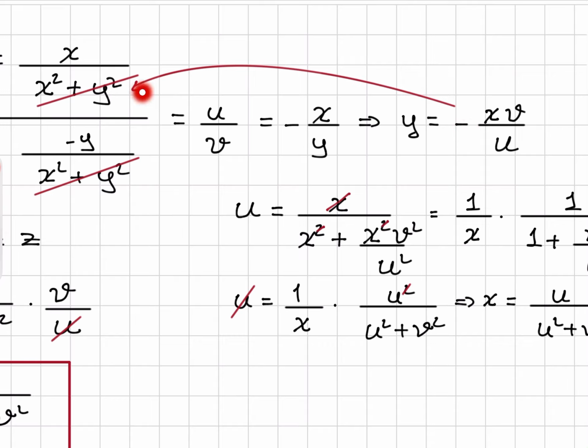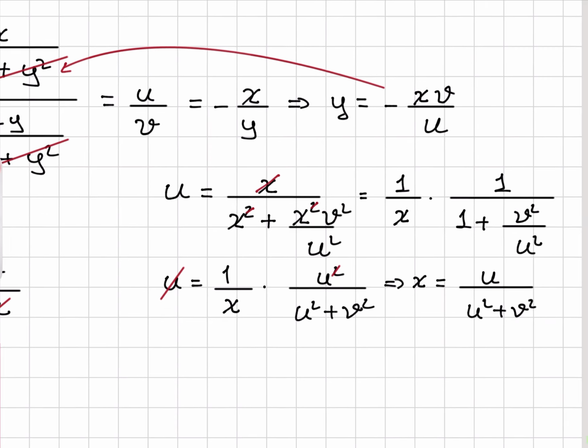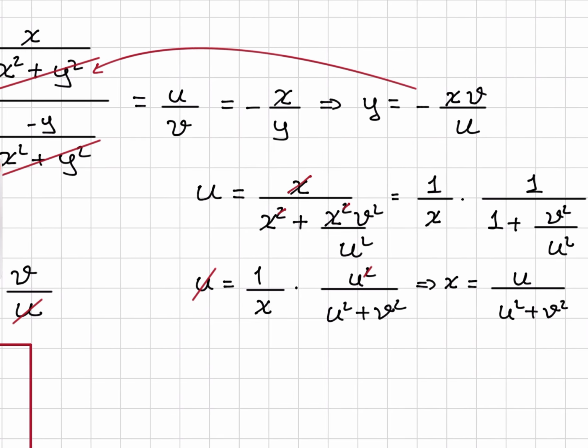Then that was substituted into the first equation for y. So that u is equal to x over x squared plus, substituted this for y, x squared v squared over u squared, and one of the x's disappeared. Then I've taken this into 1 over x parentheses so that I obtain 1 over 1 plus v squared over u squared.